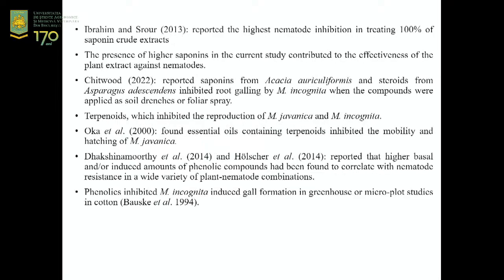Continuing, Ibrahim and Sor reported that saponins applied as a crude extract in the management of nematodes showed 100% nematode inhibition or egg inhibition. And the presence of higher saponins in the current study shows that this study can contribute towards the effectiveness against nematodes, as has been proven in the past.